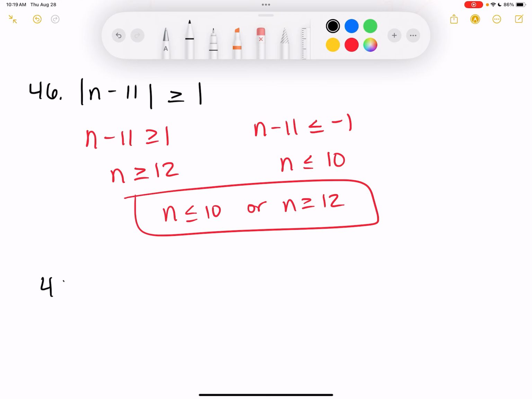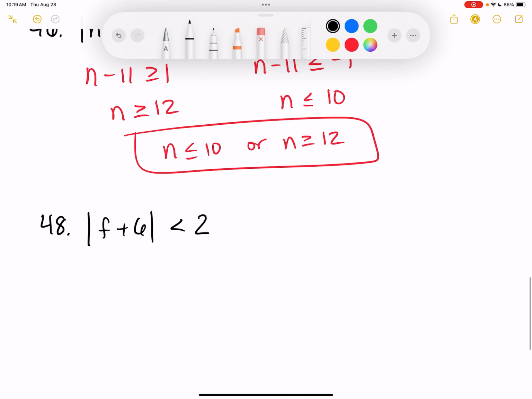All right, 48, the absolute value of f plus 6 is less than 2. So copy down exactly: f plus 6 is less than 2. And then f plus 6 is greater than negative 2. This is a less than, so it's going to end up being an and.